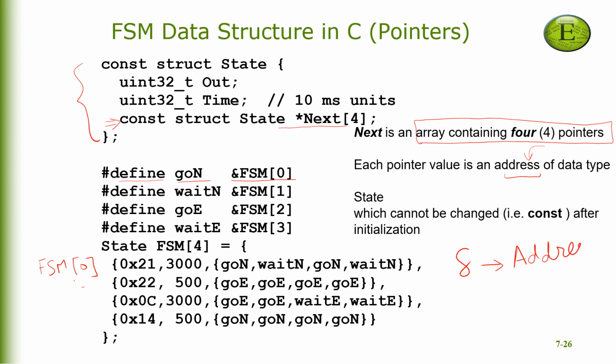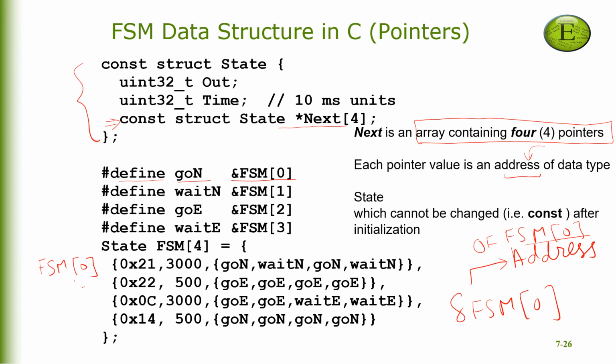It is going to give us the address. So when we talk about &FSM 0, basically we are talking about the address of FSM 0, the address of the FSM element at index number 0.